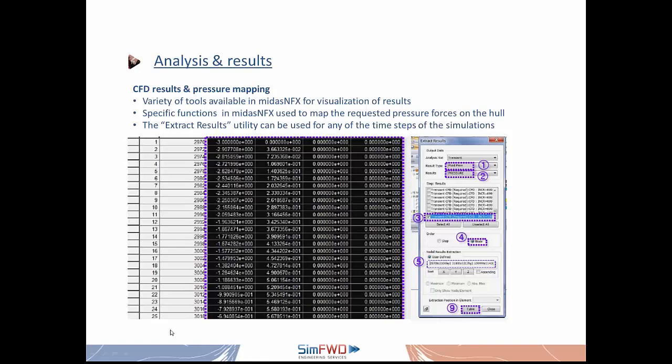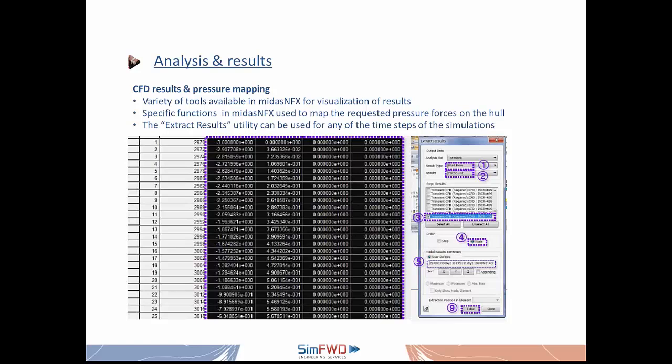It's like having an Excel table that you can copy and paste into different parts and utilize as an input. So copying these results, there is a specific function that allows us to use them as a loading to our structural model. And this you can see here.